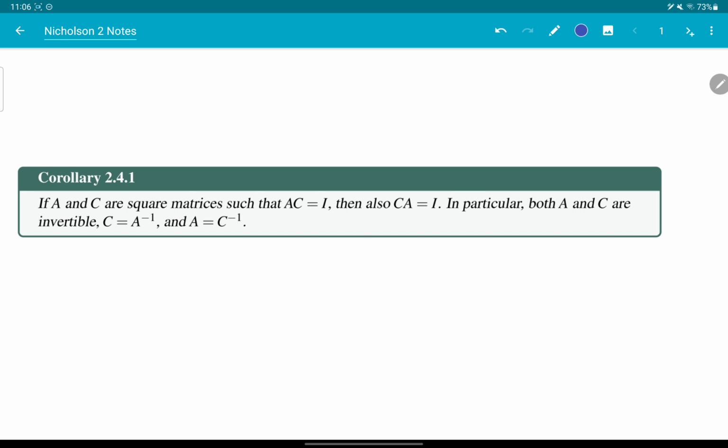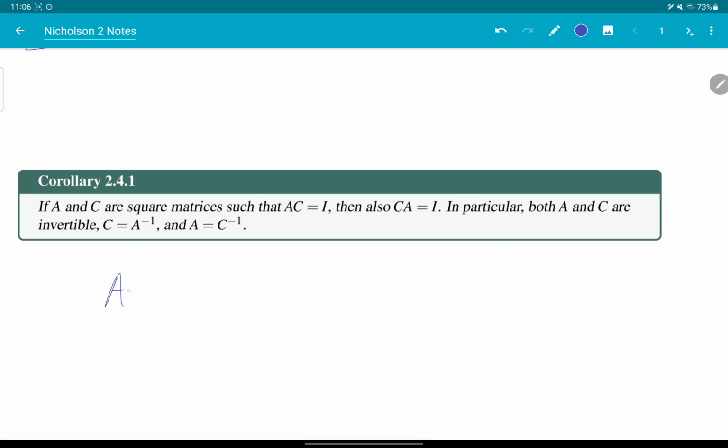If AC are square and they happen to equal the identity, then I can automatically assume that A and C are both invertible and they are each other's inverse. So this is good because remember the definition.